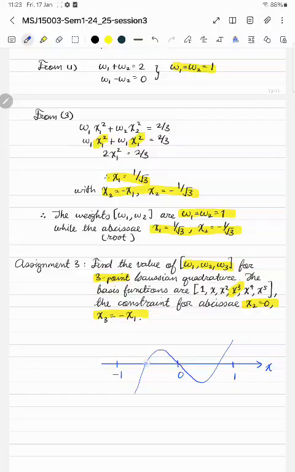So you have 3 roots or abscissae to find. So this will be your x2, which equals 0. This is your x3. So this is x1, this is x3. So this will be your final assignment.